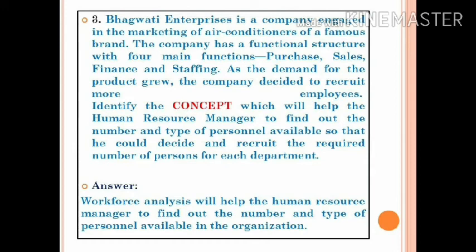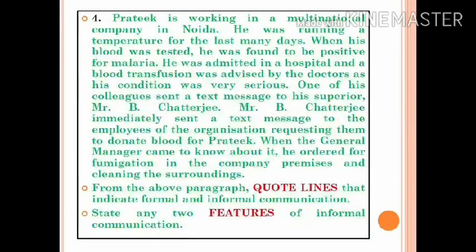It is not so that each and every case is very hard to solve. Sometimes directly from the question you can identify the things very easily. Now coming to case number 4. After going through the case, at the end you will find that two questions are there.